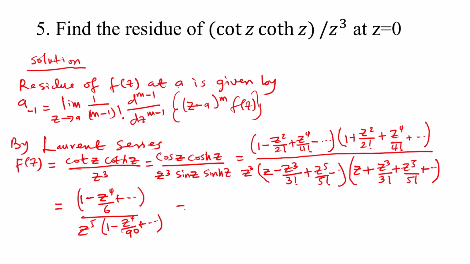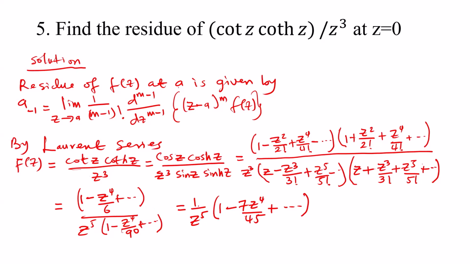And this is the same thing as 1 over z5 into 1 minus 7z4 over 45 plus and so on.